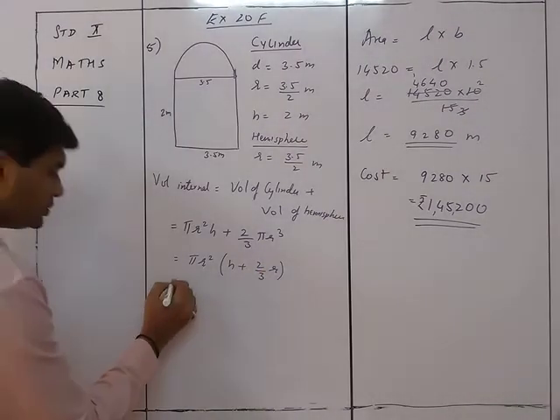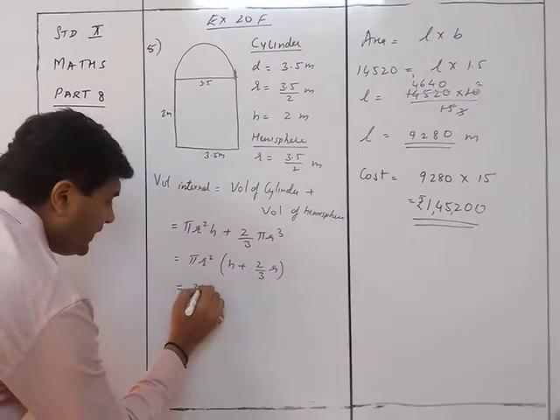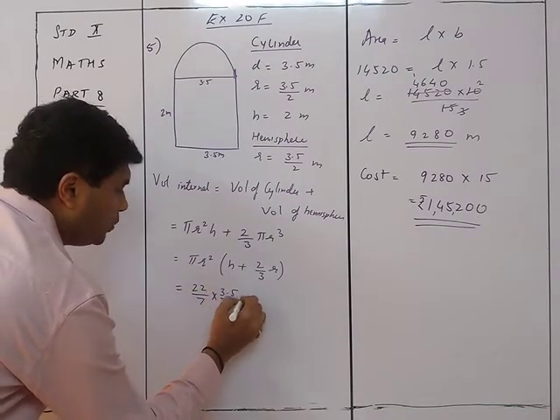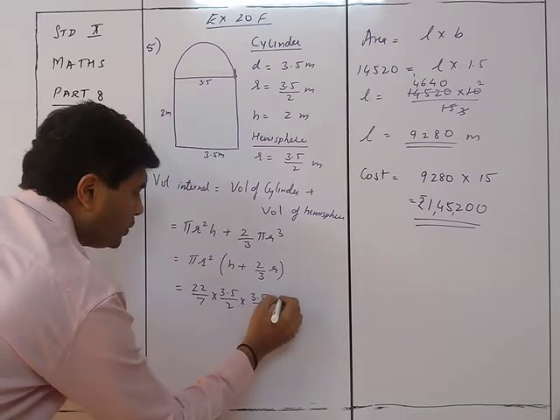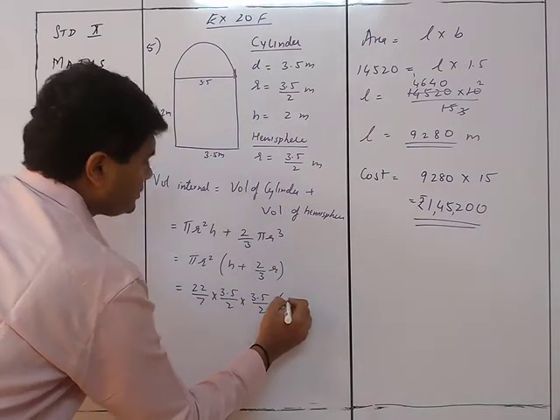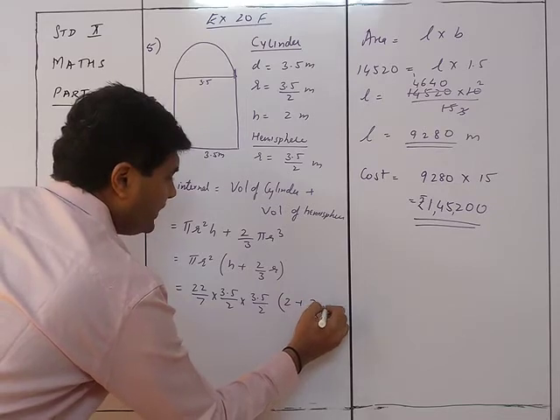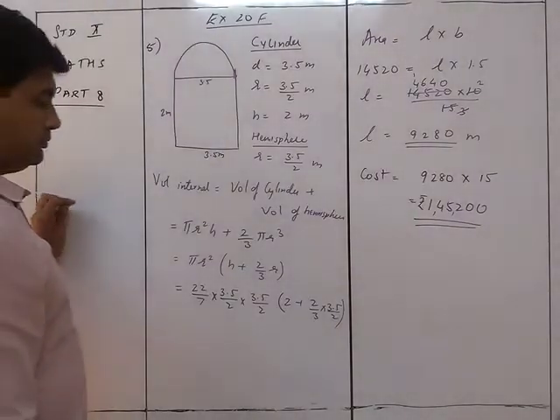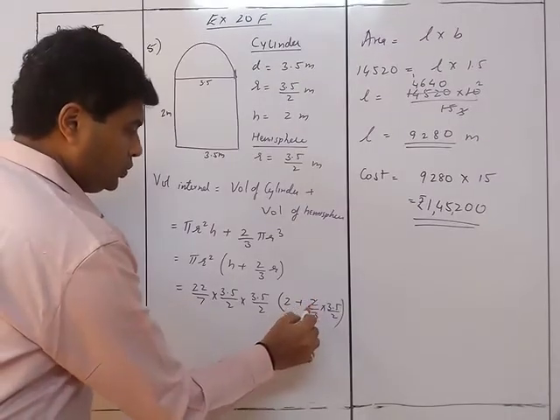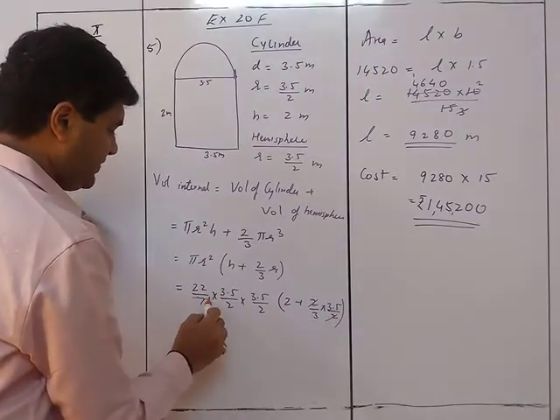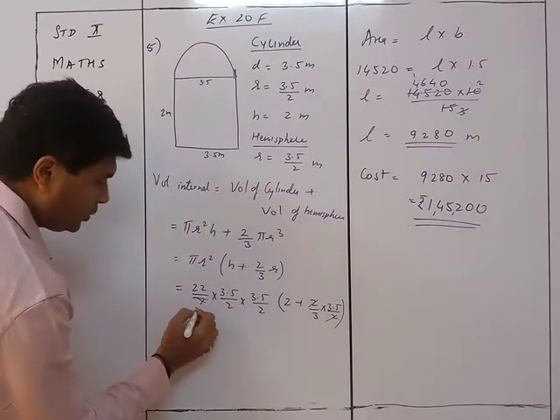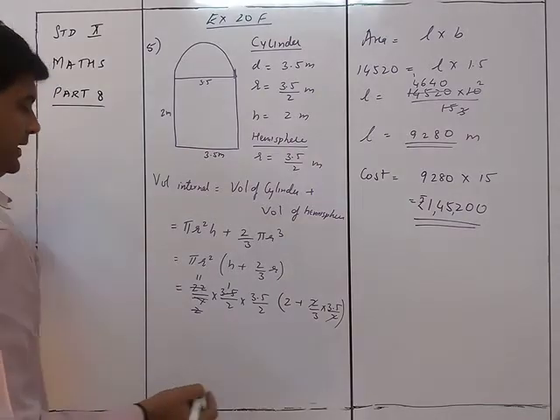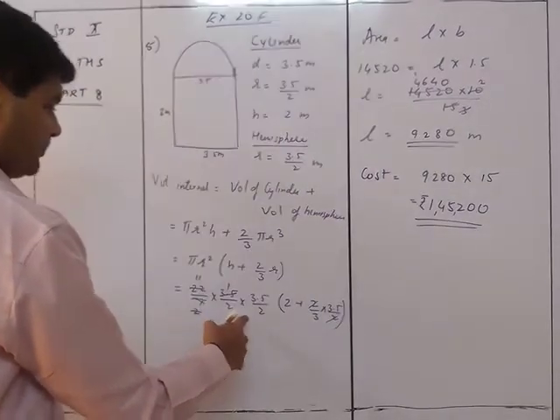So this gives me 22 upon 7 into 3.5 upon 2 into 3.5 upon 2, into h which is 2, plus 2 upon 3 into 3.5 upon 2. Clear? So 2 gets cancelled. This is 7, 3.5 ones are, 2s are. This is 11. Yeah, that's it. You cannot do anything further.